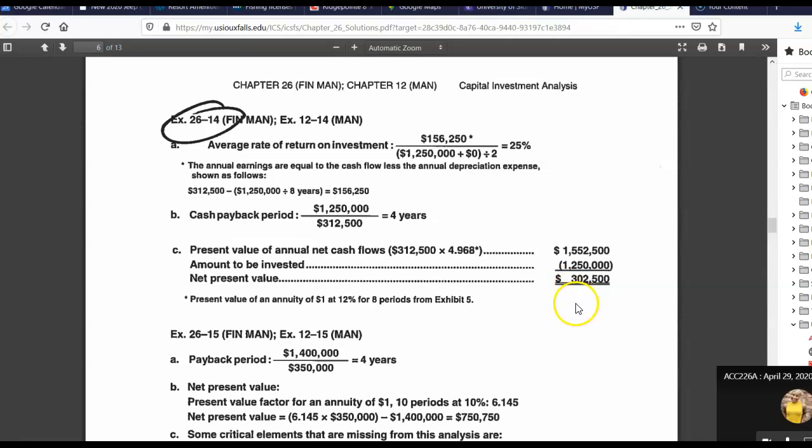But what the internal rate of return does for us is to say, okay, it's not 0, it's a positive 312. How much is it actually? Is it 12.1%? Is it 15%? What is that number? Or let's say that this was a minus 312.